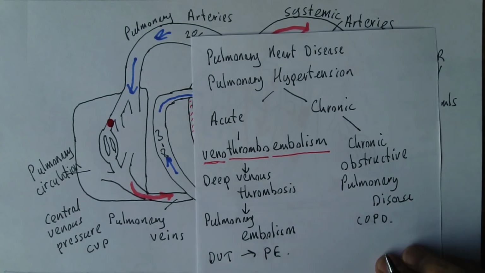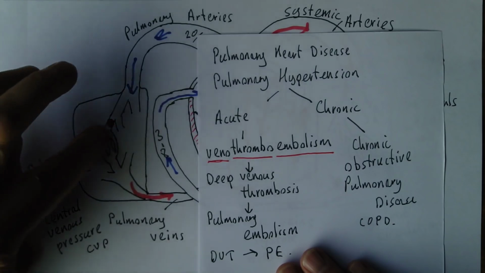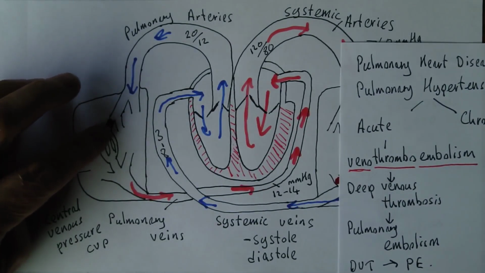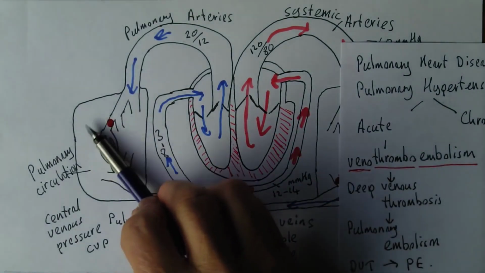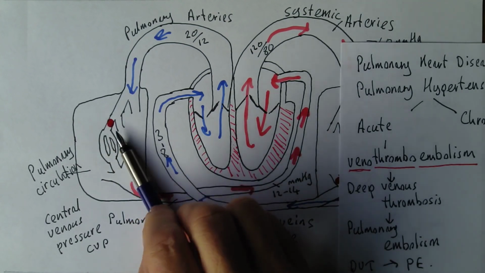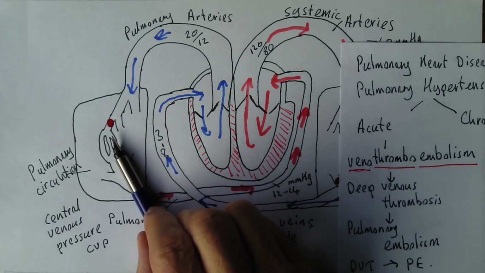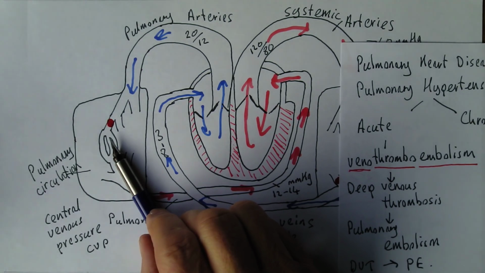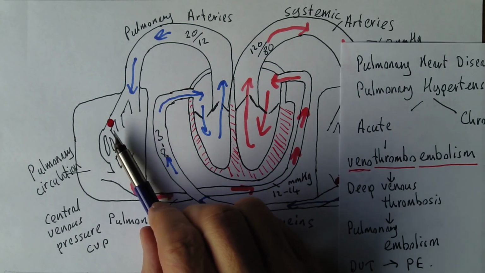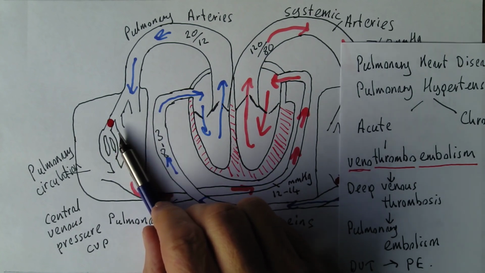Now, what happens here is in chronic bronchitis, there's not enough air getting into the lungs. So areas of the alveoli are going to be low in oxygen. And when that happens in the pulmonary vessels, the low levels of oxygen cause a reflex pulmonary arterial vasoconstriction.